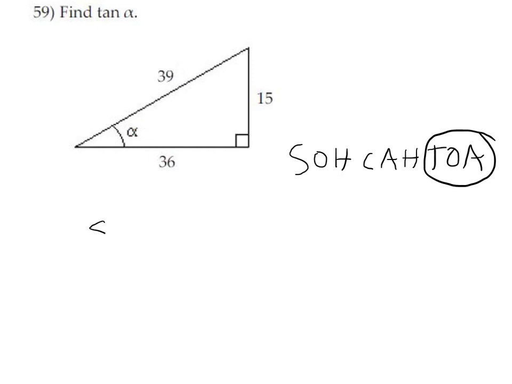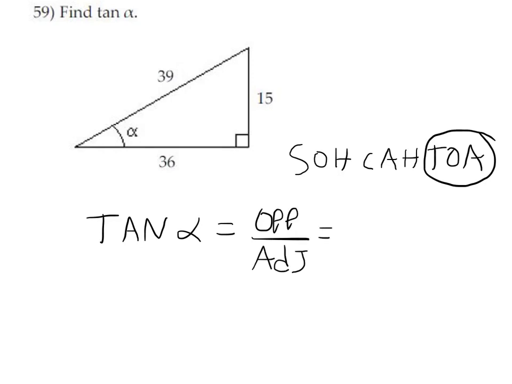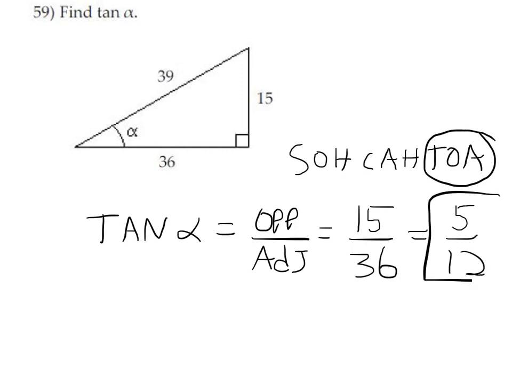So tangent of alpha would be opposite over adjacent, and that would be 15 divided by 36. And then you can reduce this by dividing by 3 and getting 5/12. And that's that.